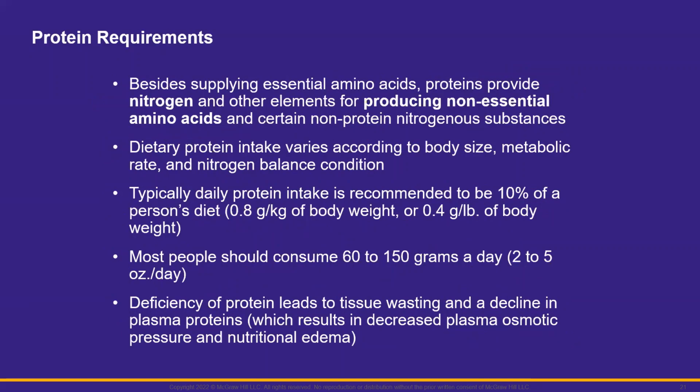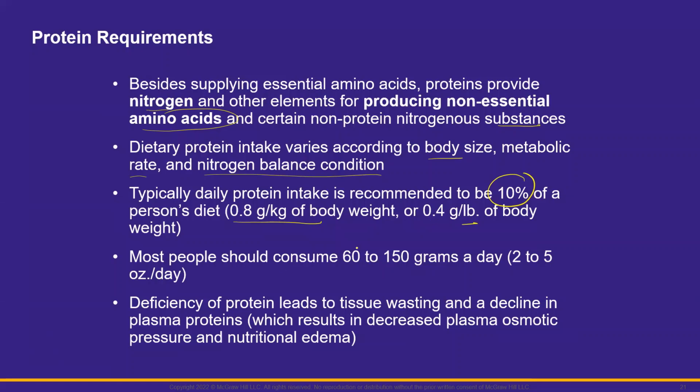Protein requirements. Protein provides nitrogen and other elements for producing non-essential amino acids and certain non-protein nitrogenous substances. Dietary protein intake varies according to body size, metabolic rate, and nitrogen balance condition. Typically, the recommended daily protein intake is 10% of the person's diet: 0.8 gram per kilogram body weight, or if you use pounds, 0.4 gram per pound of body weight.